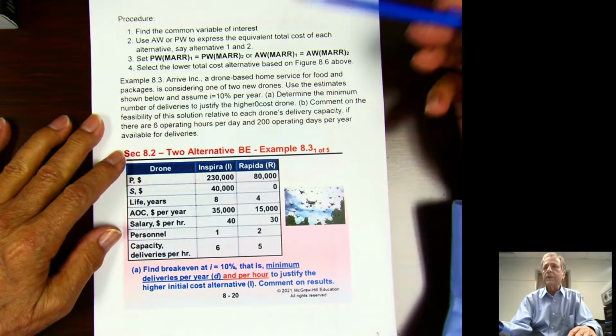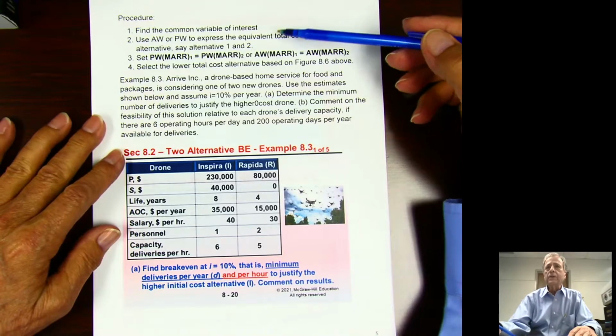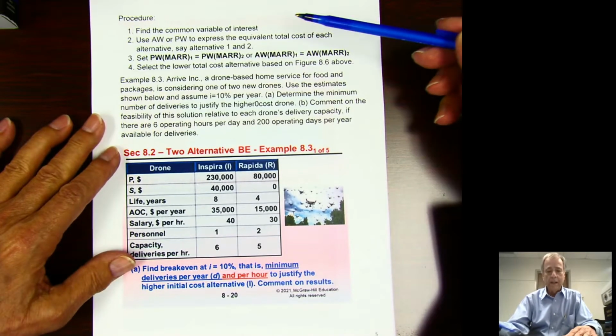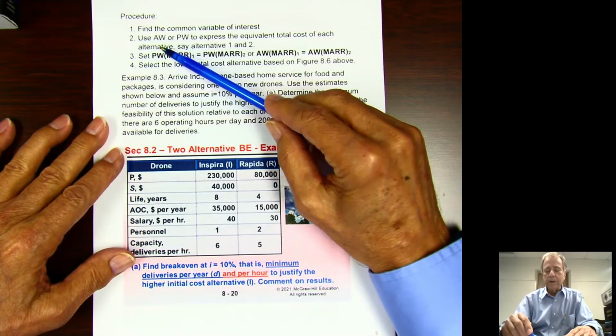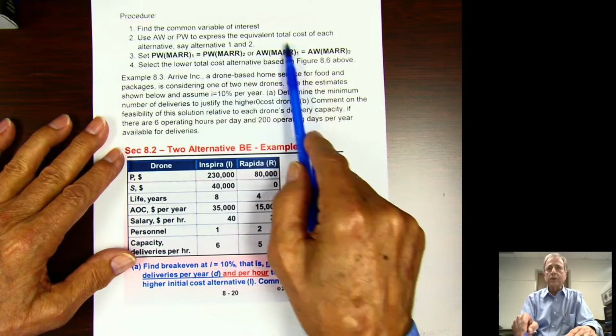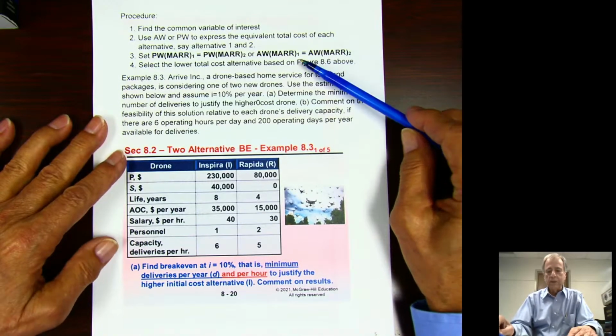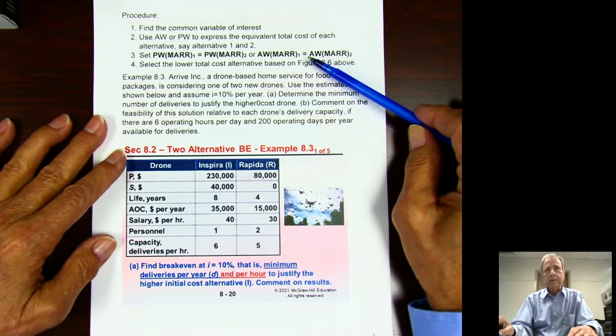So you have these two alternatives, and you choose a variable of interest to do the break-even on. And then you're either going to use the annual worth or the present worth of these two alternatives to determine where the break-even point is.